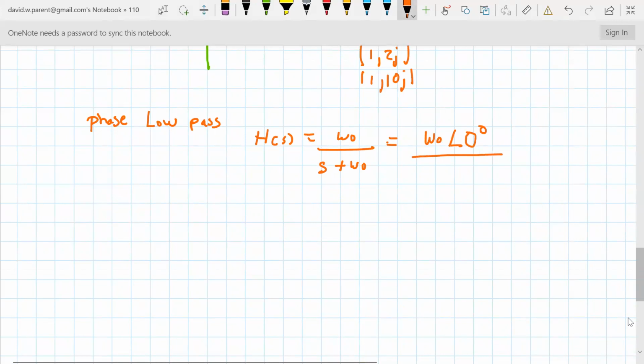Here, let s equal j omega. What I get is a magnitude of the square root of omega squared plus omega naught squared. And then the phase is arctan of omega divided by omega naught.